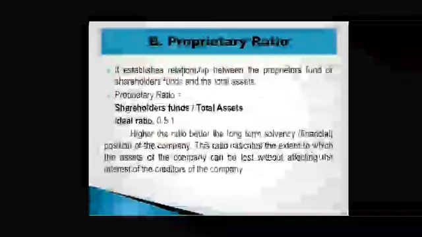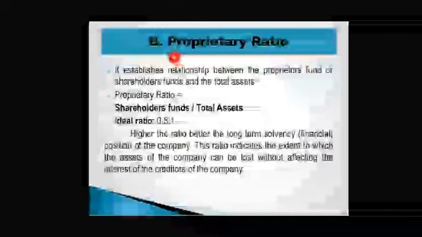The second one is proprietary ratio. For what purpose are we preparing this? Proprietary ratio is also called equity ratio, net worth ratio, or total asset ratio.